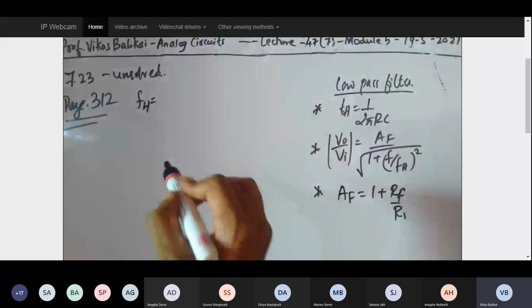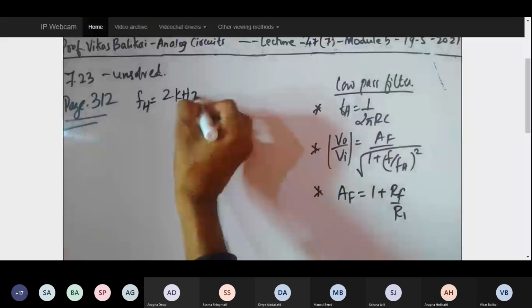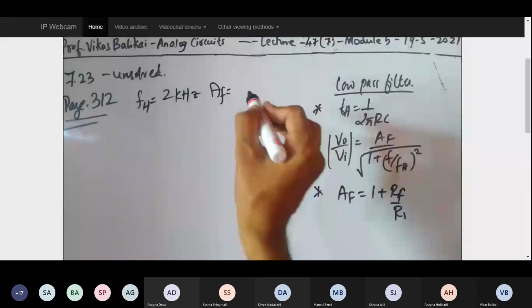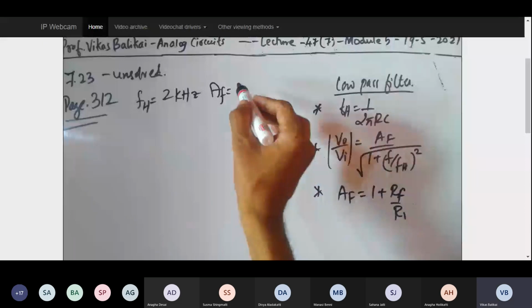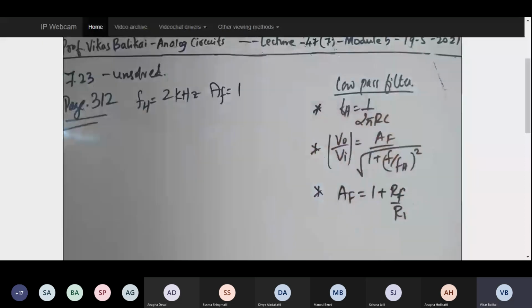Pass band gain AF equal to 1. So this is the most simple problem that you can expect in any question paper. Now given this, when the question is design, your ultimate answer should be to get the circuit. And once you get the circuit, you are supposed to plot the curve.